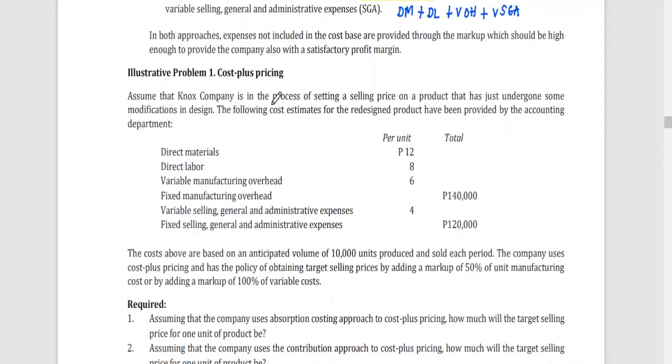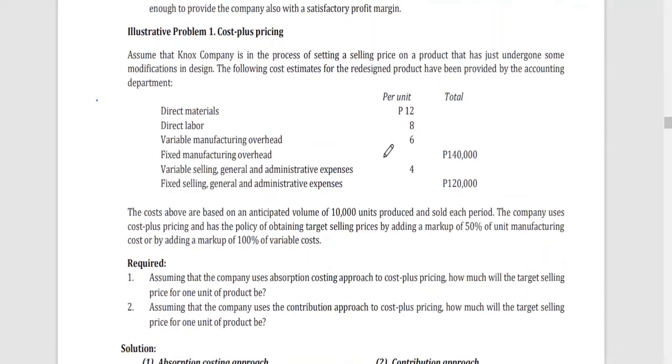Assume that Knox Company is in the process of setting a selling price on a product that has just undergone some modifications in design. The following cost estimates for the redesigned product have been provided by the accounting department. So here is the list of our costs and expenses, whether fixed or variable. The costs above are based on the anticipated volume of 10,000 units produced and sold each period.